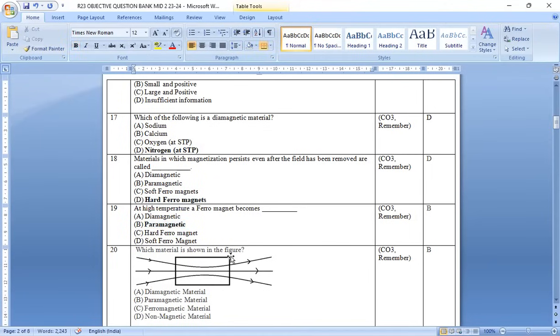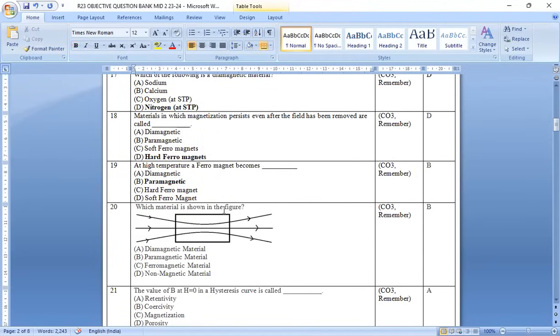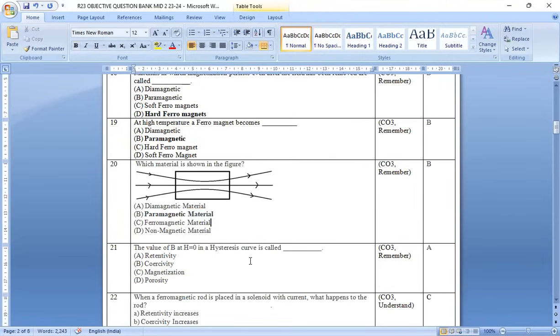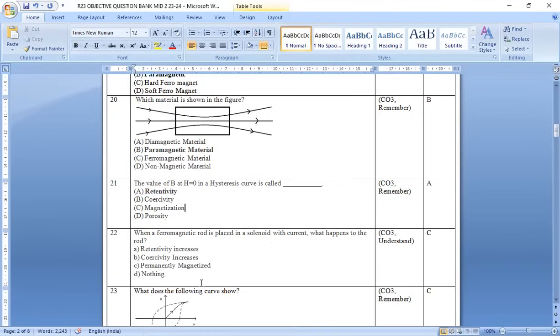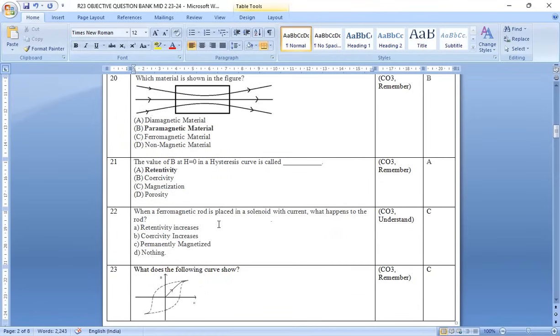And then which material is shown in the figure? It is a paramagnetic material. Option B is the right answer. And then the value of B at H equal to 0 in a hysteresis curve is called retentivity. Option A is the right answer. When a ferromagnetic rod is placed in a solenoid with current, what happens to the rod?